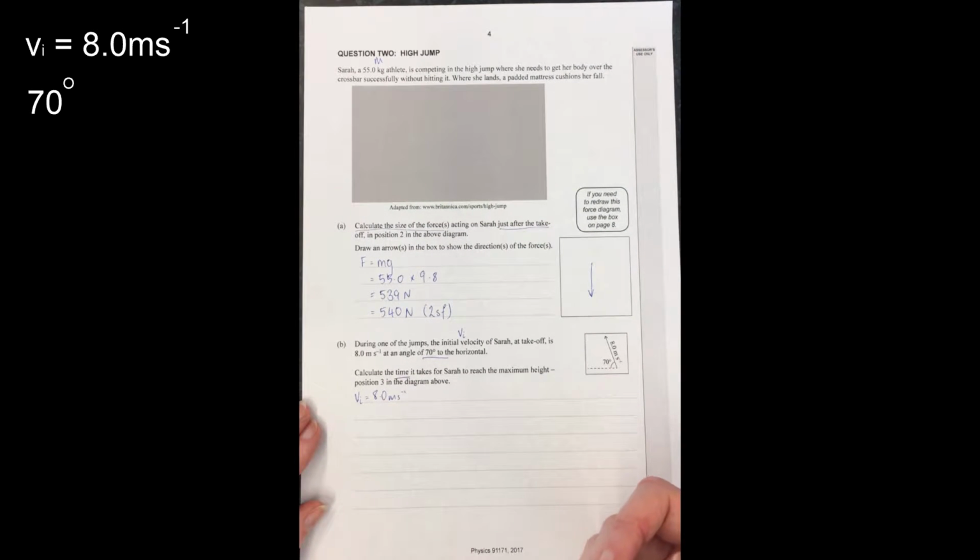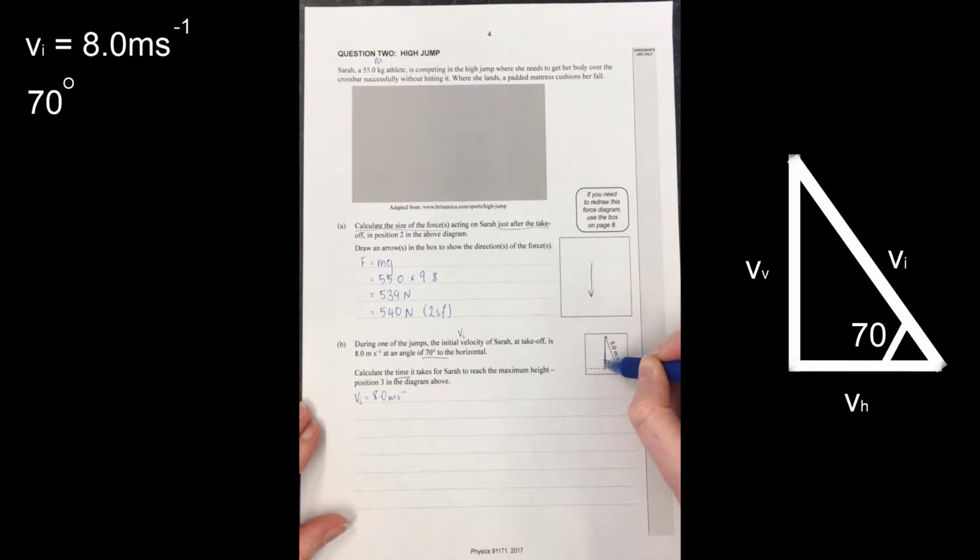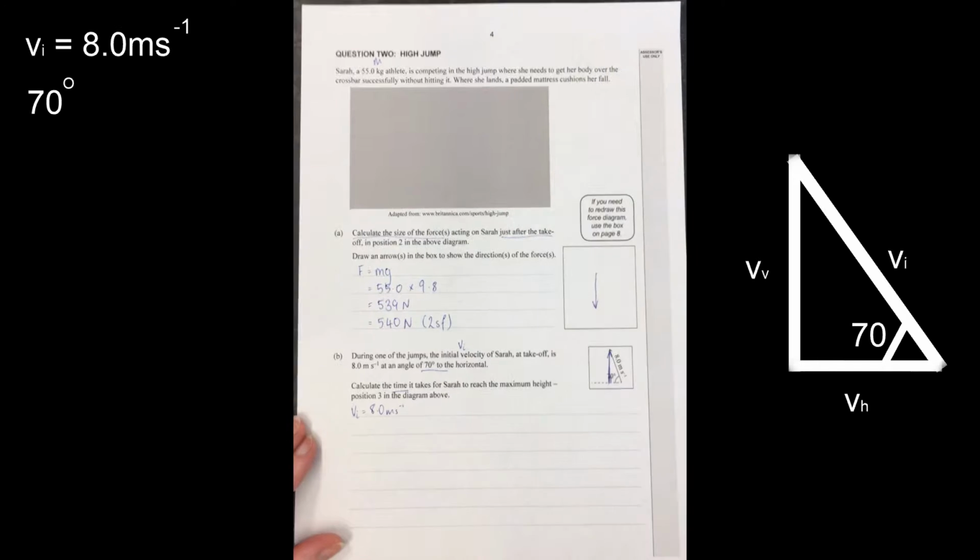Okay, so the way we do that is we work out our triangle, okay, and then we can do SOHCAHTOA. So what we're wanting to work out is this bit here, that part of the velocity.